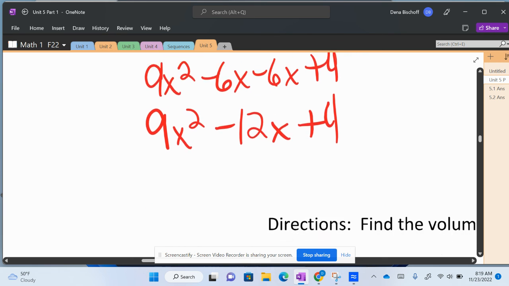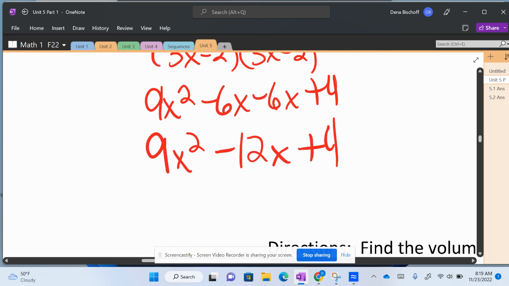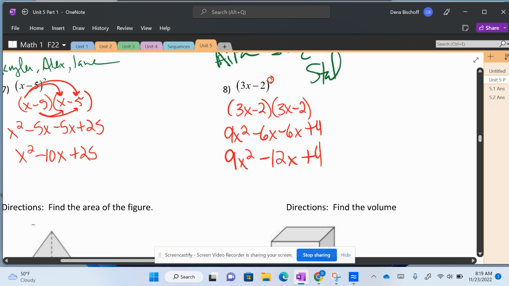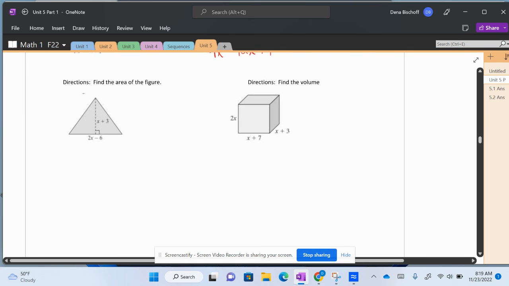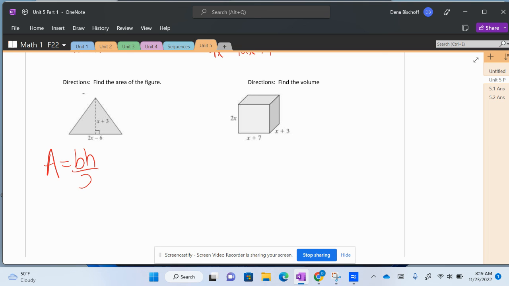Okay, we have 2 more examples, and then I'm going to get you guys started. So last 2 examples, area. Remember, how do we find area of a triangle? Base times height divided by 2. So let's see, I have 2x minus 6 times x plus 3. I'm going to figure this out first, and then I'll divide by 2.